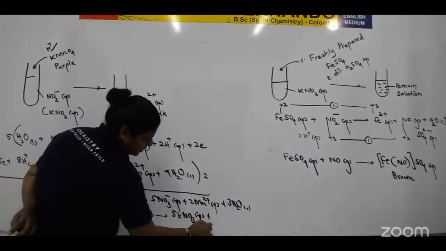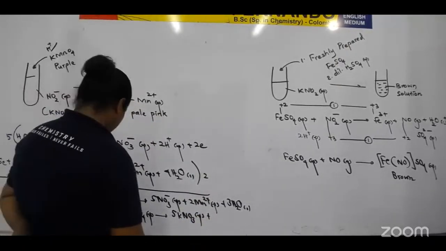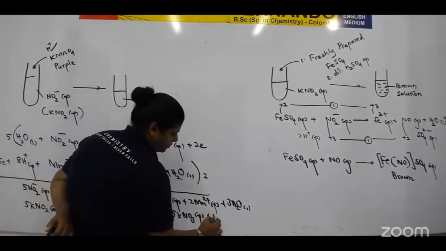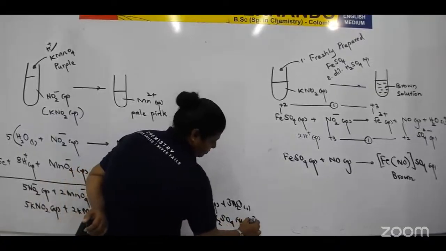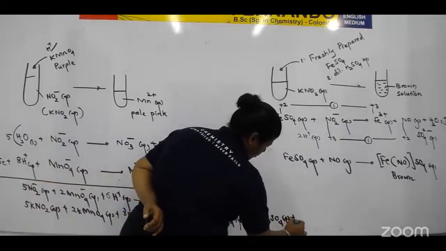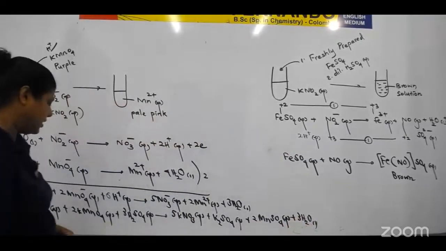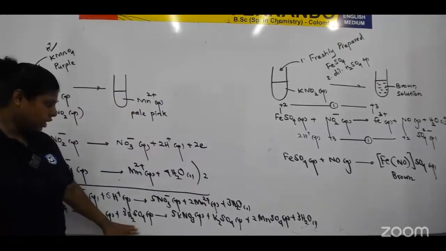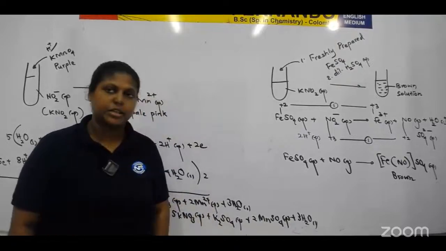The remaining 2 are taken by K2SO4, plus 2 MnSO4 plus 3H2O. To check whether the reaction is balanced, check with the sulfates. Totally 3 sulfates, 2 taken by Mn2 plus, the remaining 1 taken by potassium.